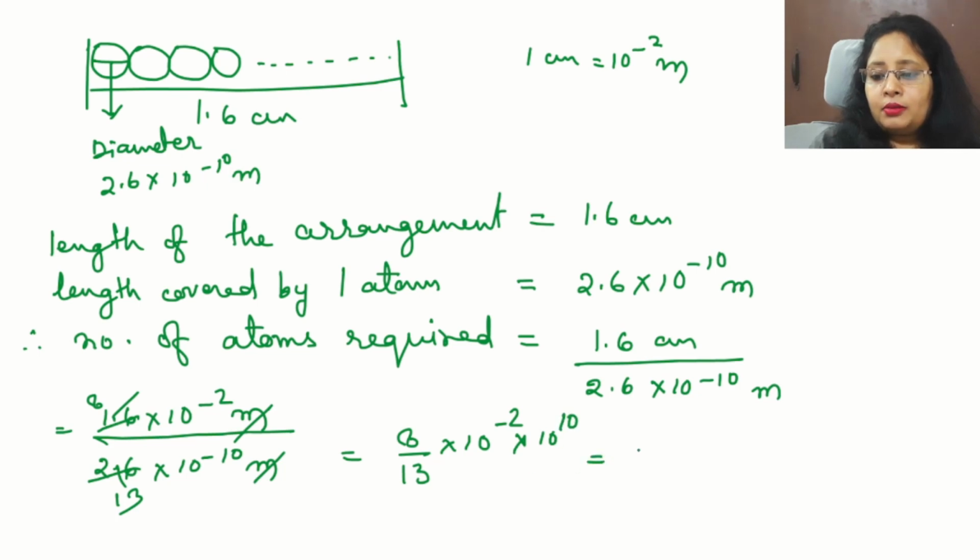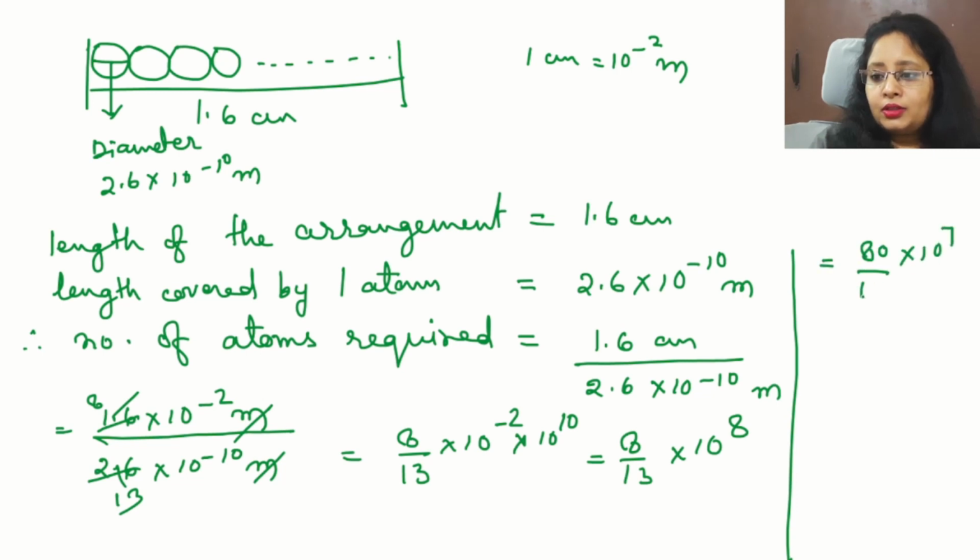When we divide, first we'll do the powers. 8 upon 13 multiplied by, now power 10 minus 2, it becomes 8. So we can do one thing. Before doing the division, we can write this 80 into 10 to the power 7 upon 13. That will be an easy calculation.